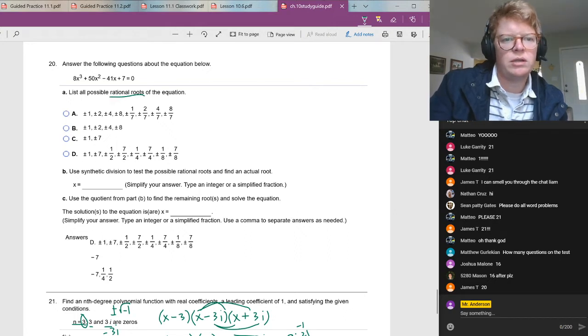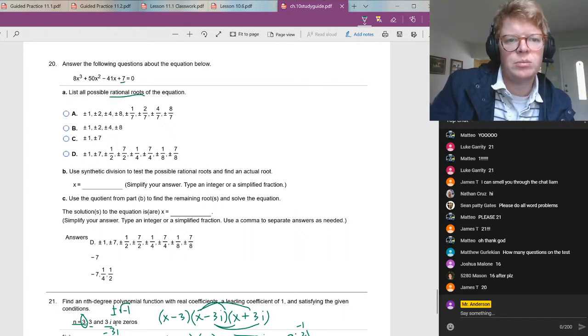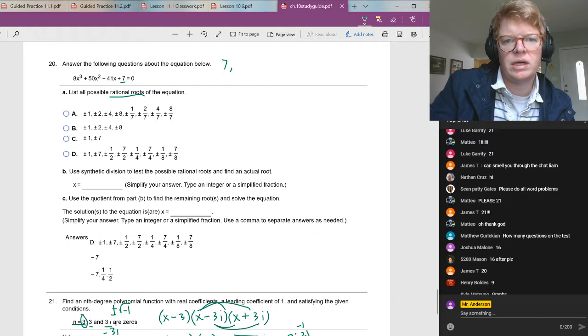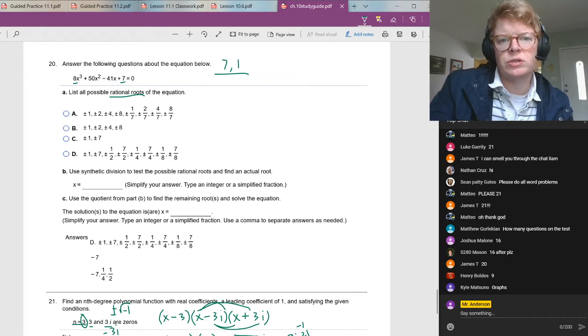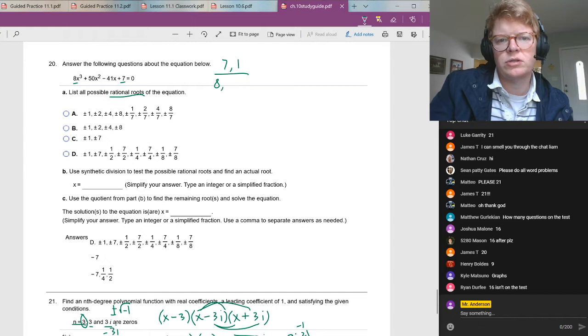Okay, so to get the rational roots, you take the last number, 7, and you take all of its factors. So 7 is the same as 7 times 1. Okay? Then we're going to take the first number and take all of those factors. So those factors are 8, 4, 2, and 1. And then we're going to make them plus or minus.